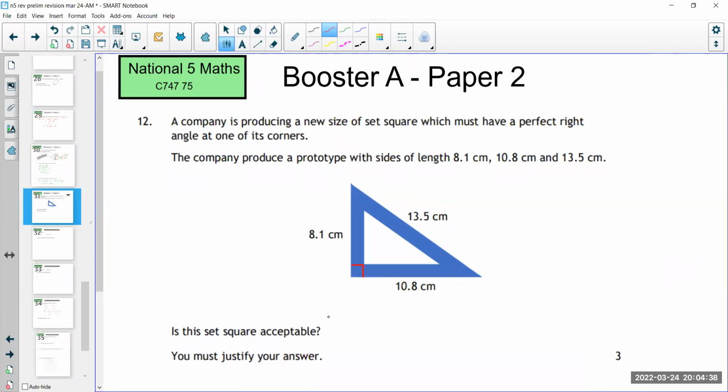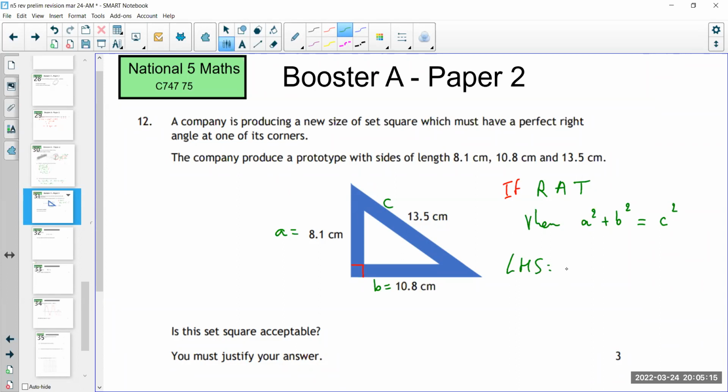For that to be true, you need to say something along the lines of, if we have a right angle triangle, then I'm going to call this A, this B, this C. If we have a right angle triangle, then A squared plus B squared has got to be equal to C squared.